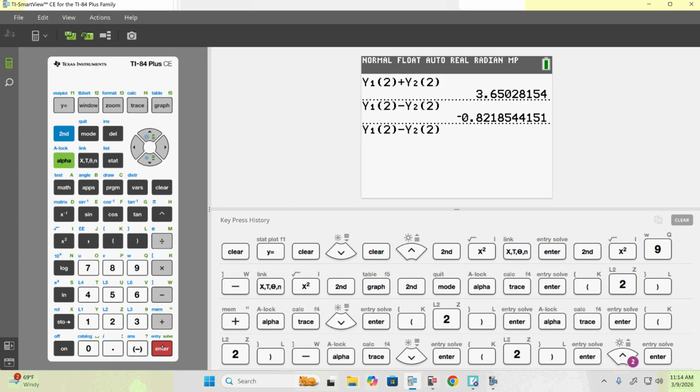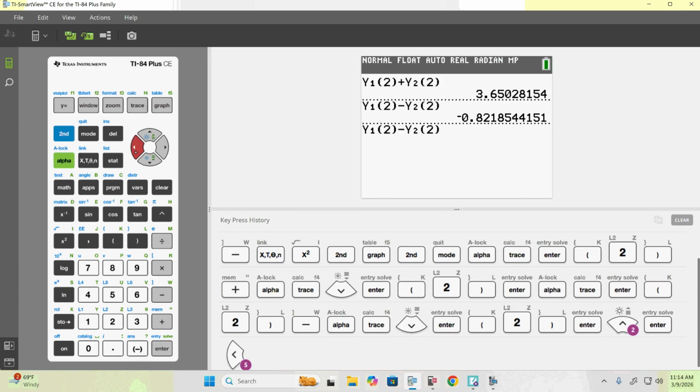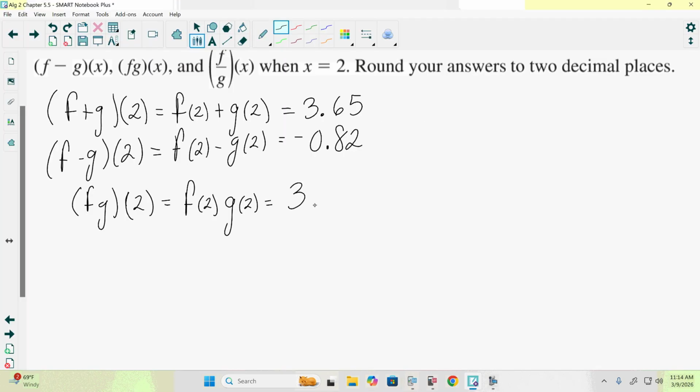So we move up twice, select it, hit enter. We can pull it down, and the nice thing is I can go right over the top of the subtraction and change it from subtraction to multiplication, telling us that when we multiply these two together, we get 3.1622 or 3.16.